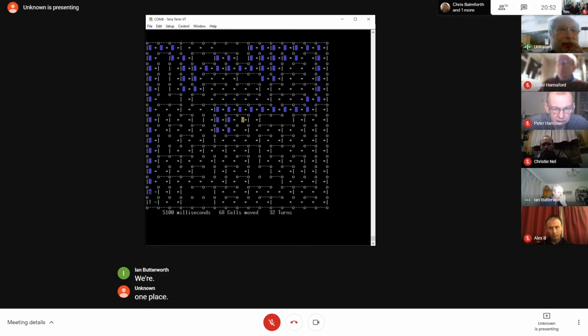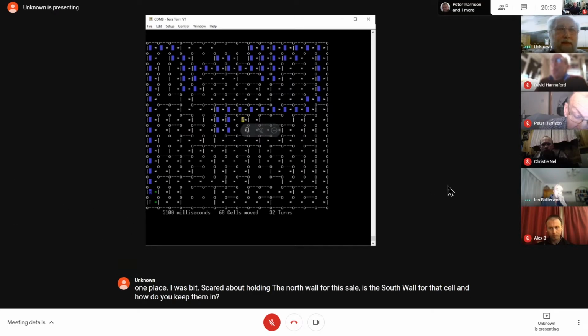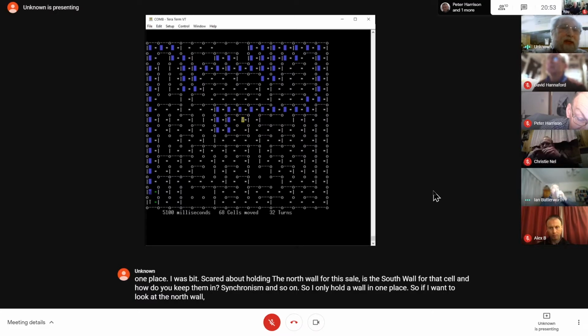I was a bit scared about holding the north wall for this cell is the south wall for that cell, and how do you keep them in synchronism and so on. So I only hold a wall in one place. So if I want to look at the north wall, I have to go to the next cell north and look at its south wall. Yeah? And that's why I need a 17 by 17 array.